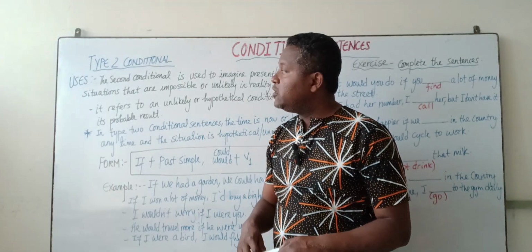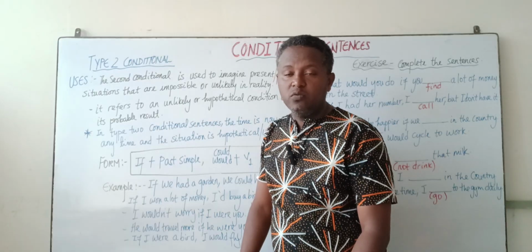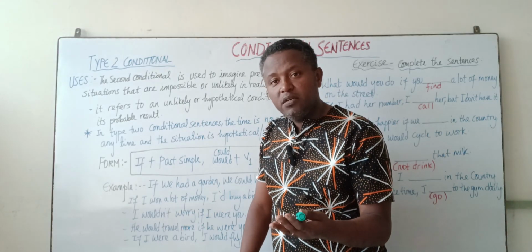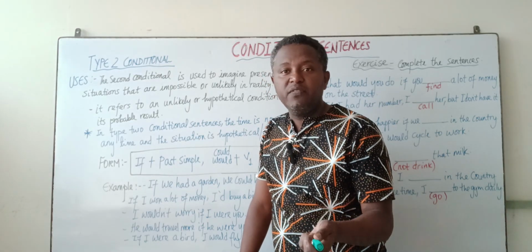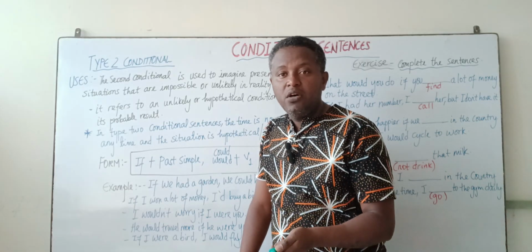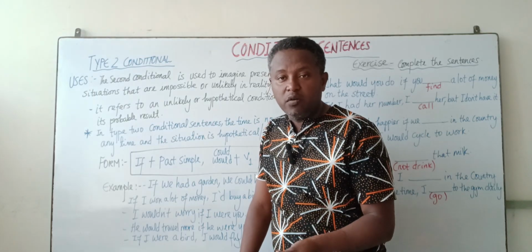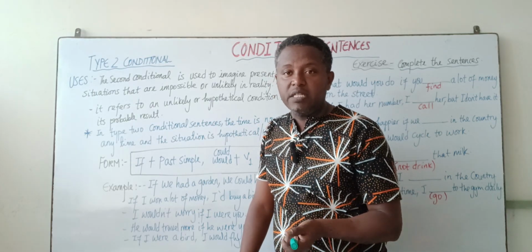So to begin with, what do you think conditional type 2 is? When do we use it? Is it different from the previous conditionals, type 0 and 1, or is it the same? How about the structure, the form? How do we form conditional type 2?